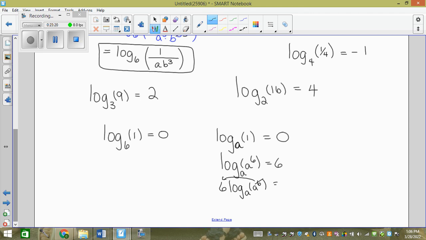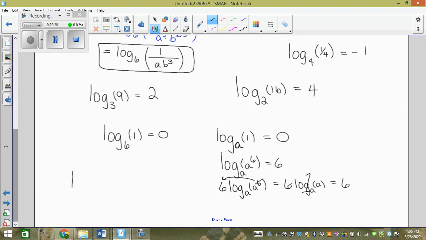So now I have 6 log base A of A. What's log base A of A? It's a 1. So it's just 6 times 1, which is 6. So you can do it either way. But if you ever go log base A of A to the 6, your answer is 6.